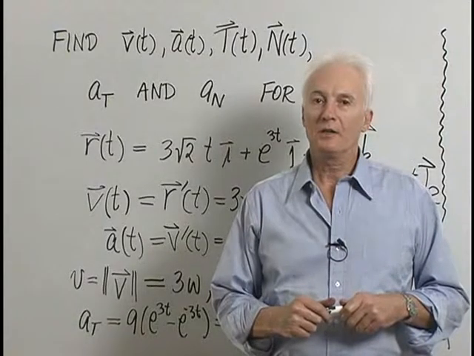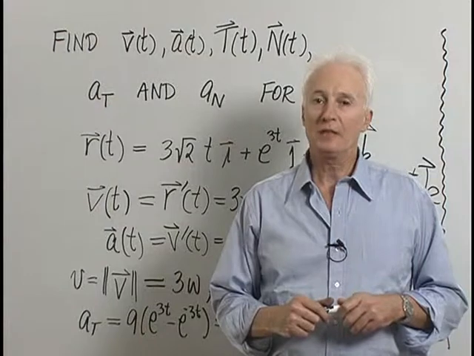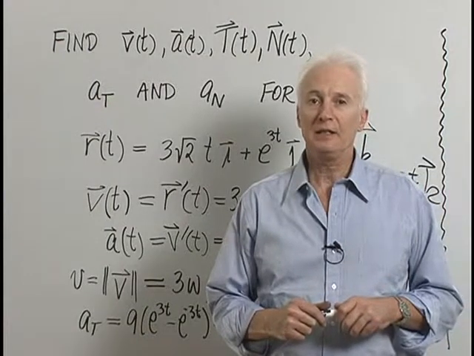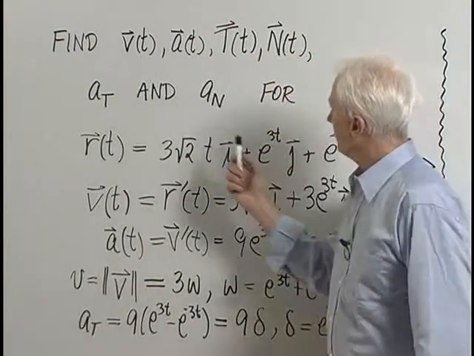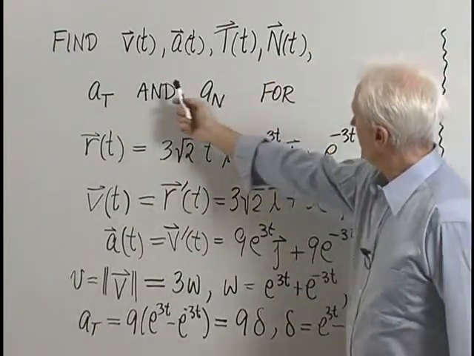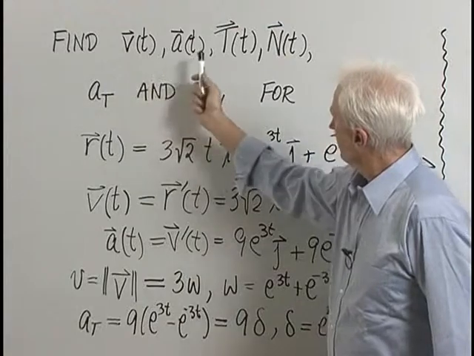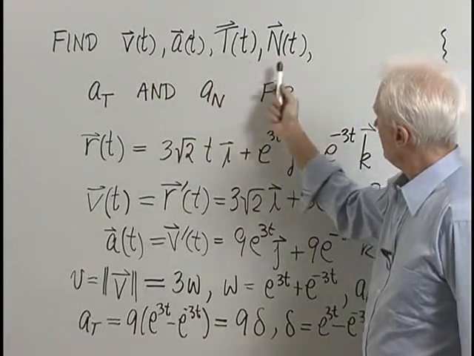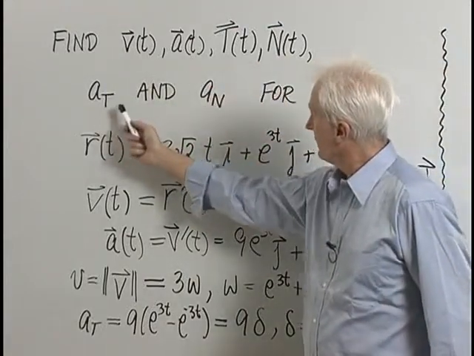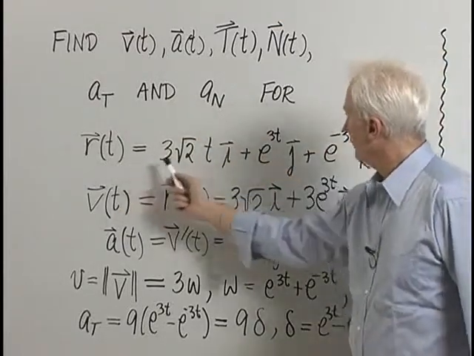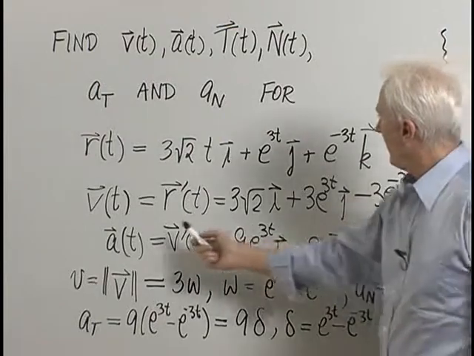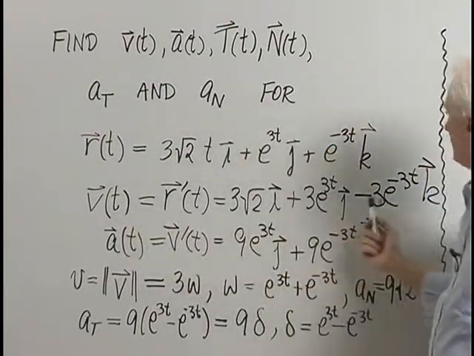Okay, now for our curve and our motion, we've found almost everything except finally we need the unit normal vector. So let's review briefly, because there are a lot of things to compute here. The velocity, the acceleration, unit tangent, unit normal, tangential component of acceleration, normal component of acceleration for r of t. And we found the velocity by differentiating.